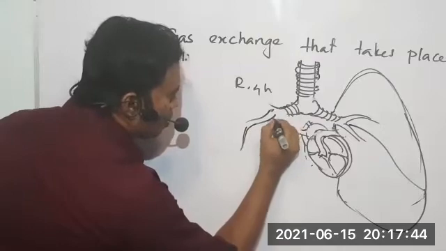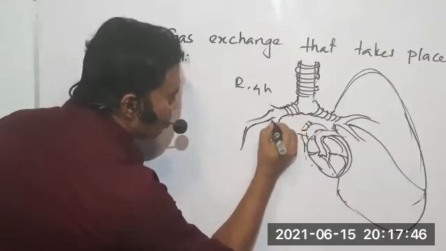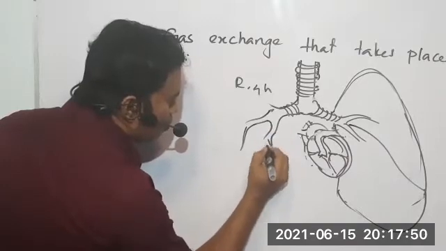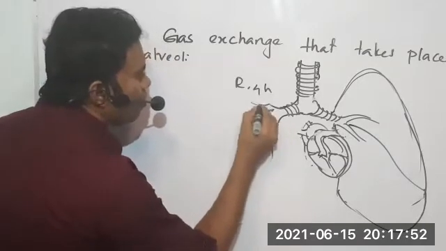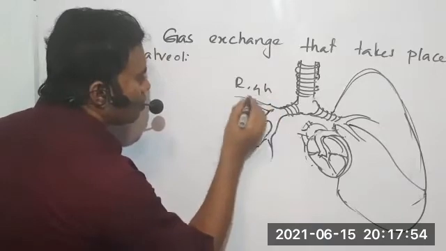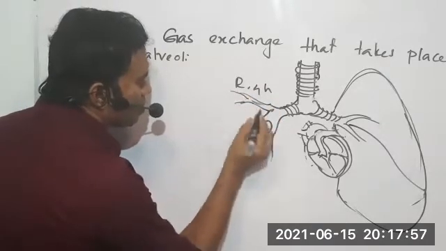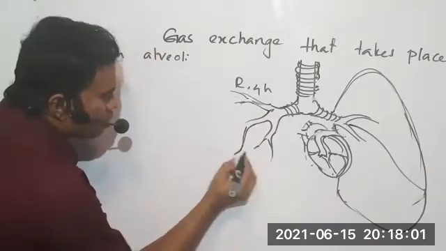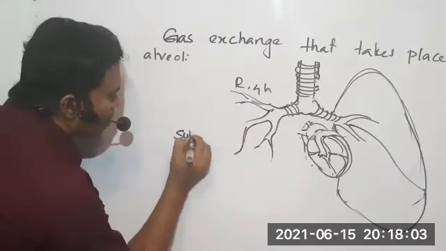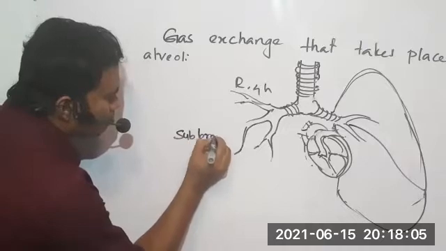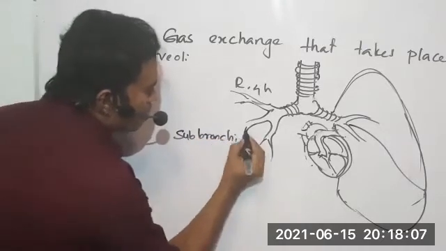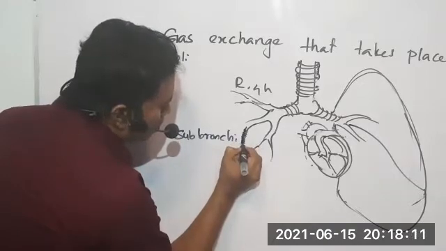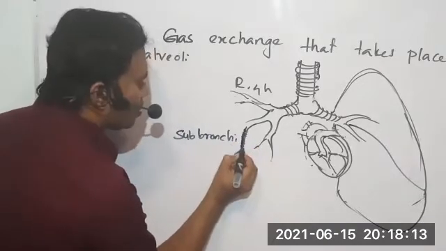So I'll draw the expansion of one bronchiole. And it is further divided into subbronchi. And it is covered with these cartilage rings to avoid the suffocation.